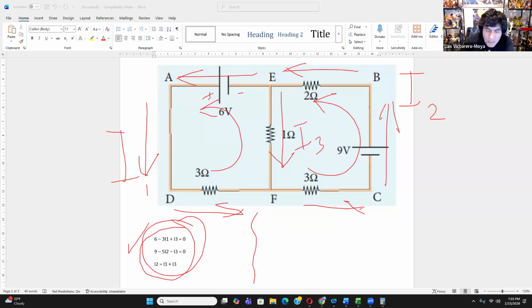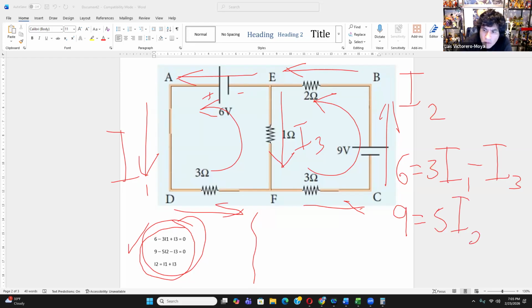It all comes with math. So you see, I rearrange my first equation like this, and then the second equation is like this. I don't know if they told you this in algebra: always keep the coefficients positive.